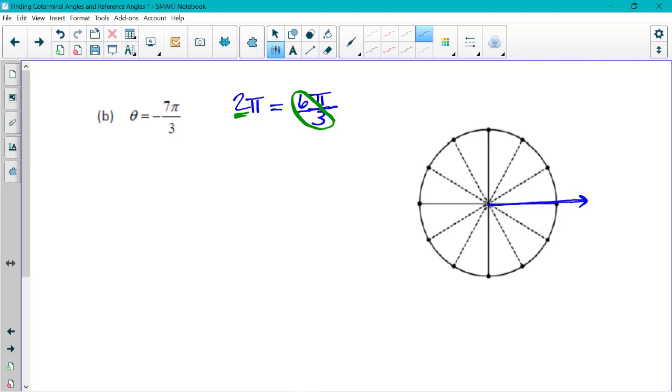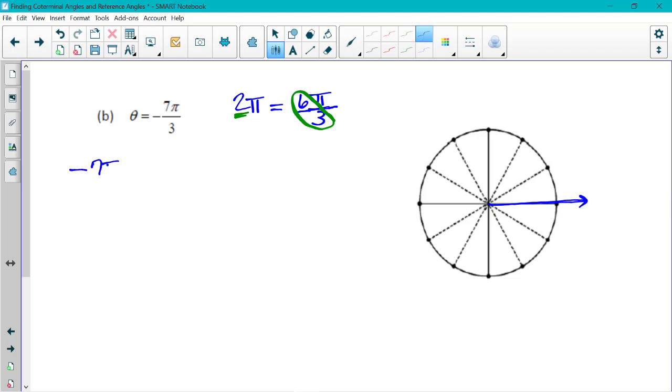here, and I'm going to go one full rotation and then some. Okay, well, what's that then some, so to speak? Well, we know we can always get a positive coterminal angle by adding 2 pi. So this is one way of looking at it.